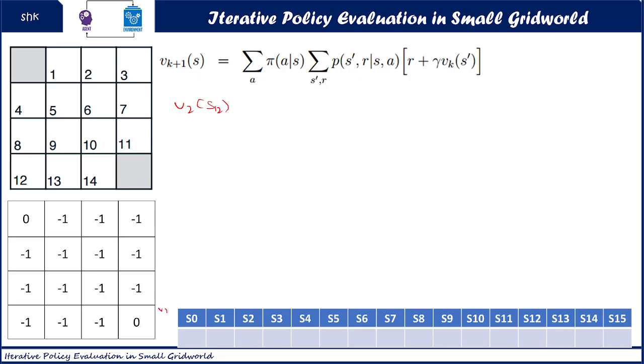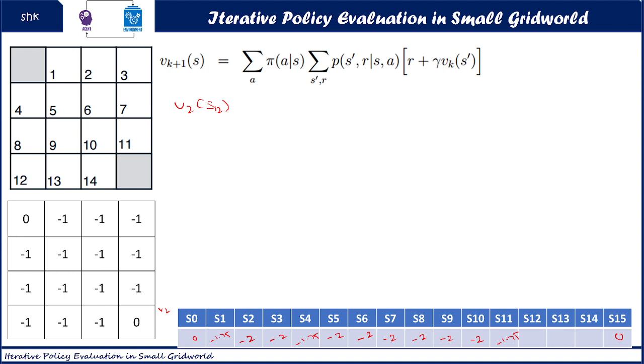Before that, I will update the values evaluated till now, that is V2: S0 is 0, S15 is 0, S1 is minus 1.75, S2 is minus 2, S3 is minus 2, S4 is minus 1.75, S5 is minus 2, S6 is minus 2, S7 is minus 2, S8 is minus 2, S9 is minus 2, S10 is minus 2, S11 is minus 1.75. Now we are going to evaluate for S12.